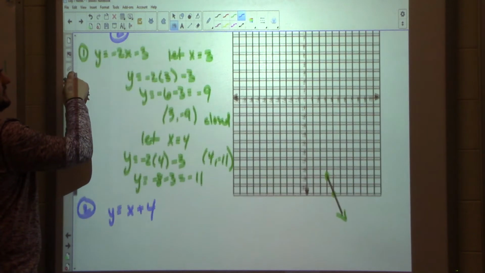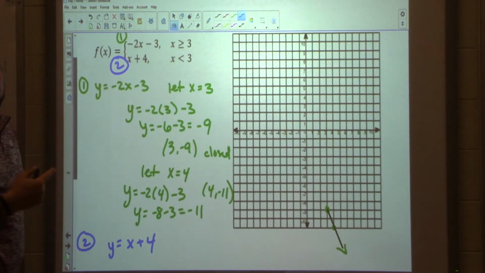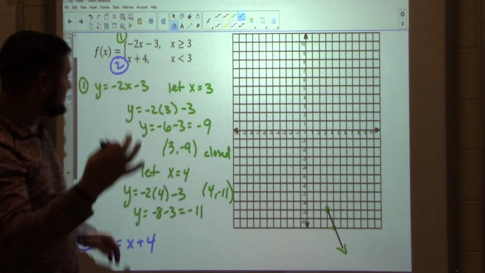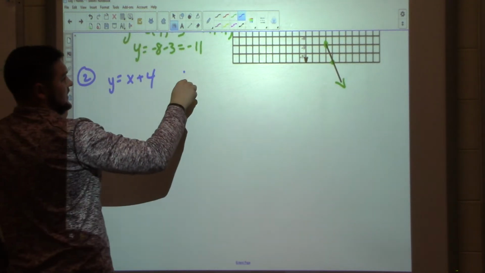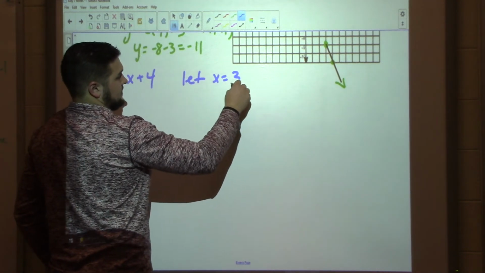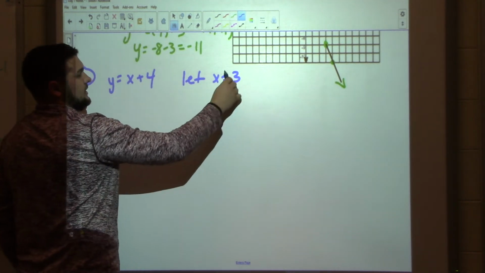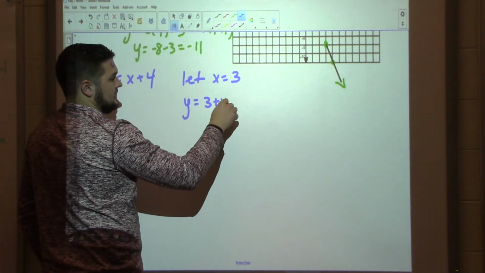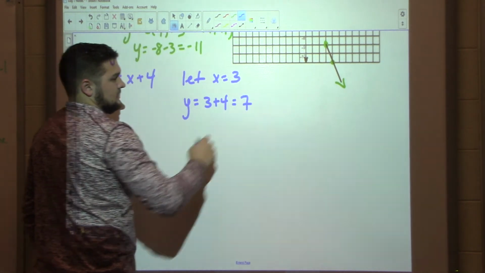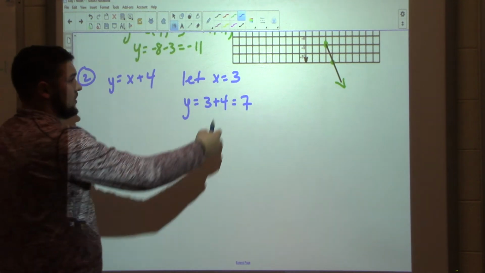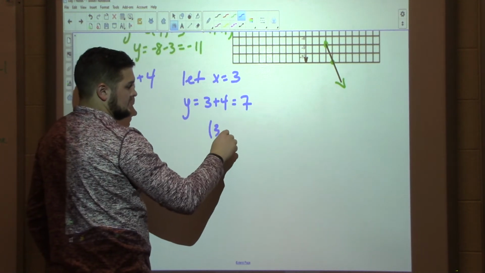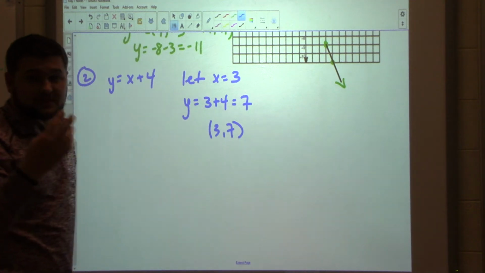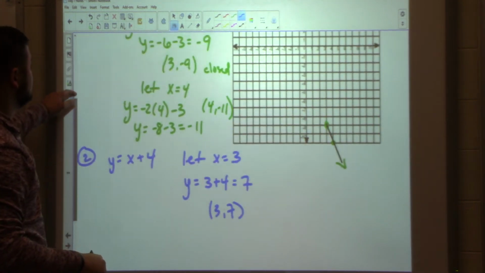And we said that's because x is less than 3. So I'm going to use 3 again. It's my endpoint, so I'm going to use it. Let x equal 3. Take 3, plug it back in to find your y value. Y equals 3 plus 4, which is 7. So then I know at 3, 7, I have an endpoint for the second part of my piecewise.